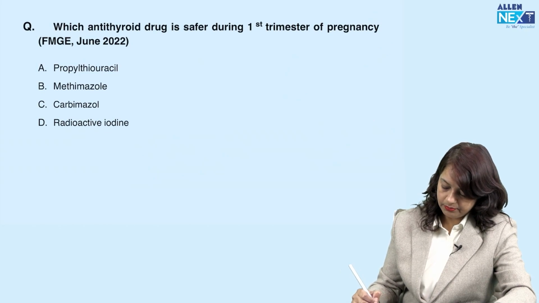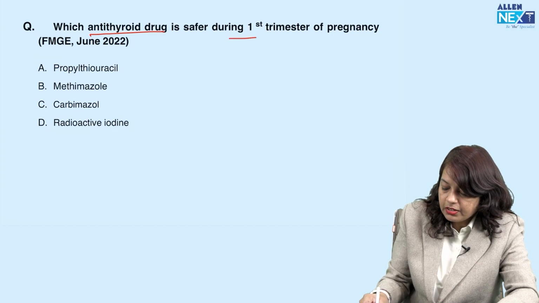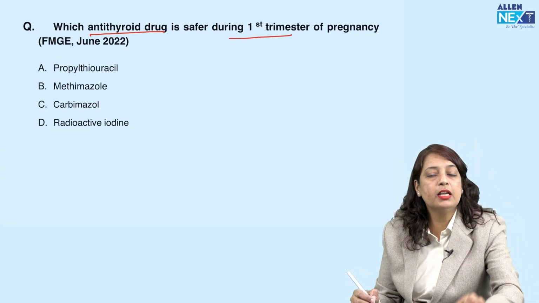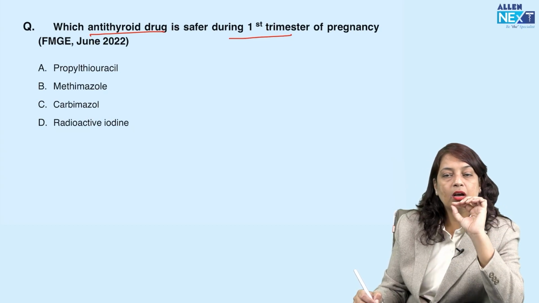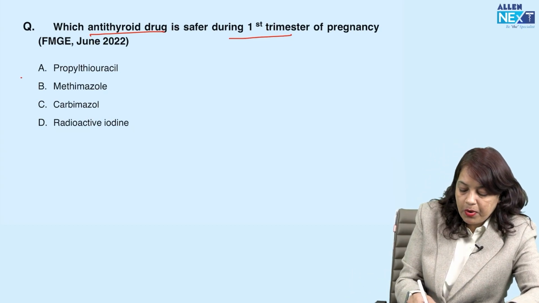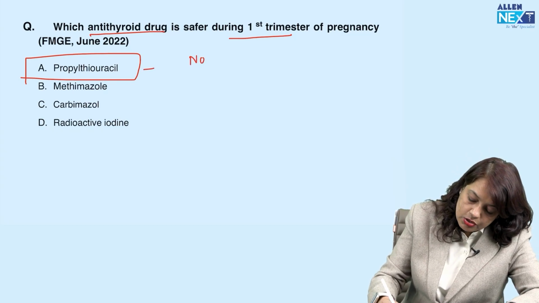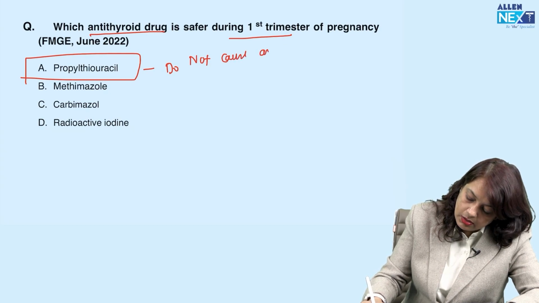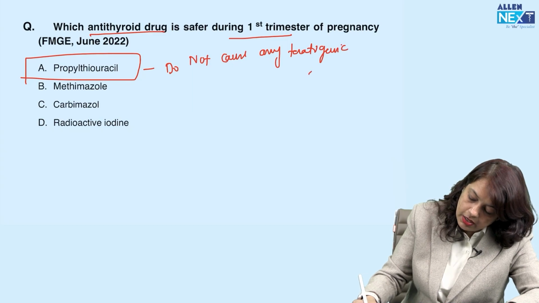Next, which antithyroid drug is safer in the first trimester of pregnancy? This is a very favorite or fixed question in FMGE. Always remember it is propylthiouracil because it does not cause any teratogenic effect.